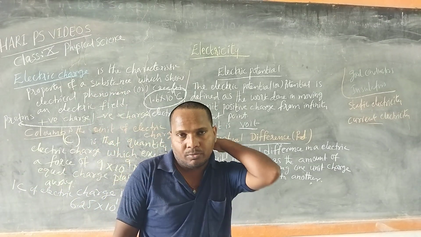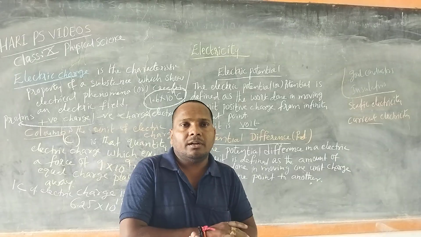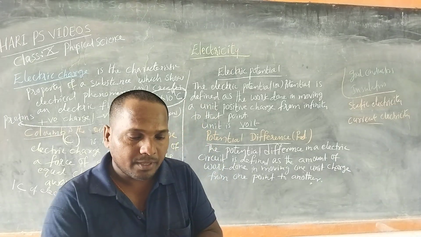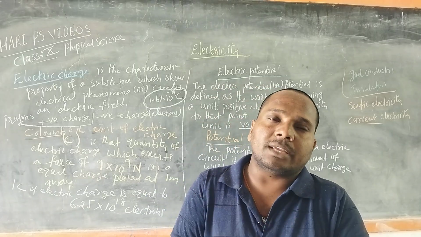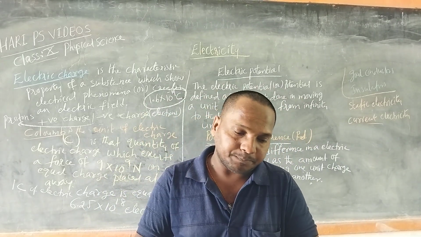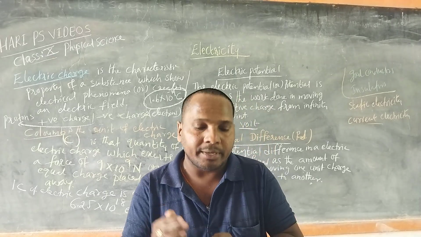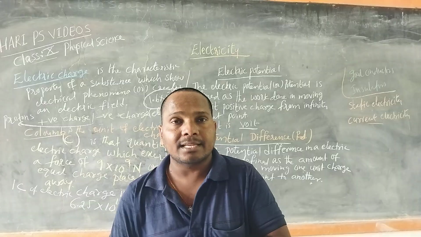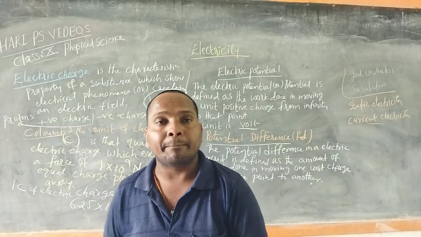Charges are of two types, positive and negative. Due to the different charges in the electric field, some forces exist between the positive test charge and the other charge. So work has to be done on the positive test charge to move it against this force of repulsion.